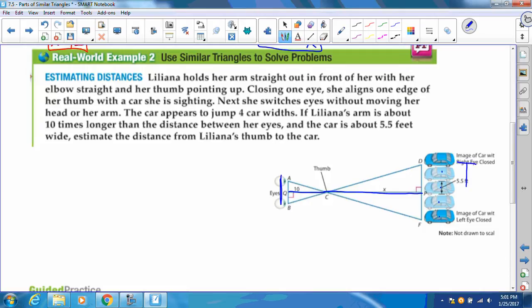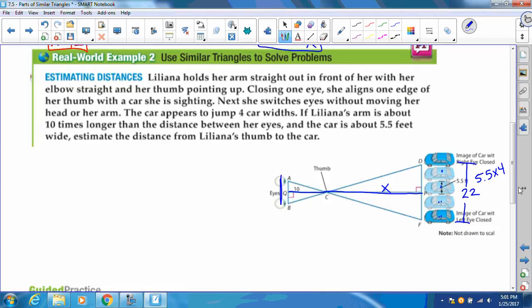So to find what that distance is, we need to take 5.5 times 4 cars. And that is going to be a length of 22 feet. Okay? So we know this is 22. We know this is x. That's what we're trying to figure out. How far is her thumb to the car?